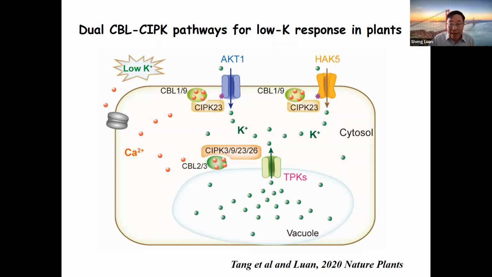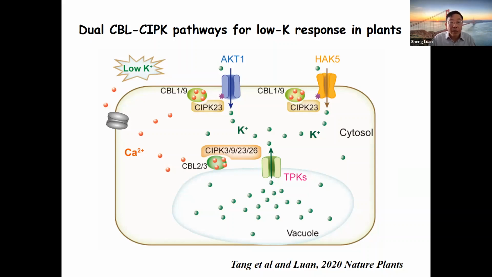Okay, so you can imagine this happens in the root hair. In fact, in our original paper, we did use root hair to do patch clamp to show that this happened in root hair, to enhance potassium uptake from the soil or from the environment.